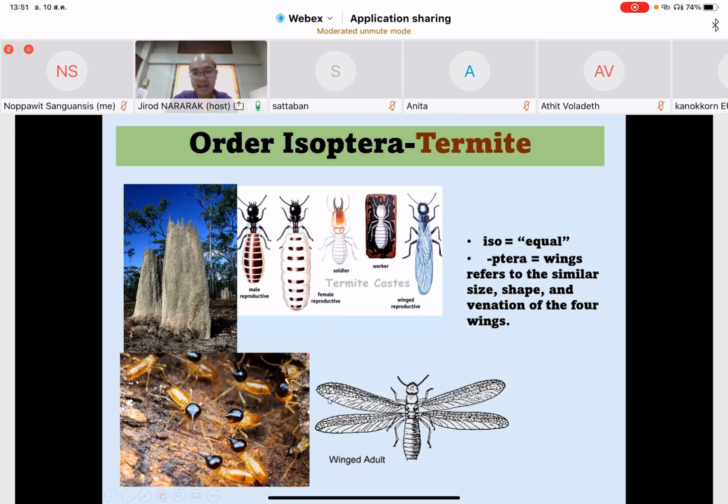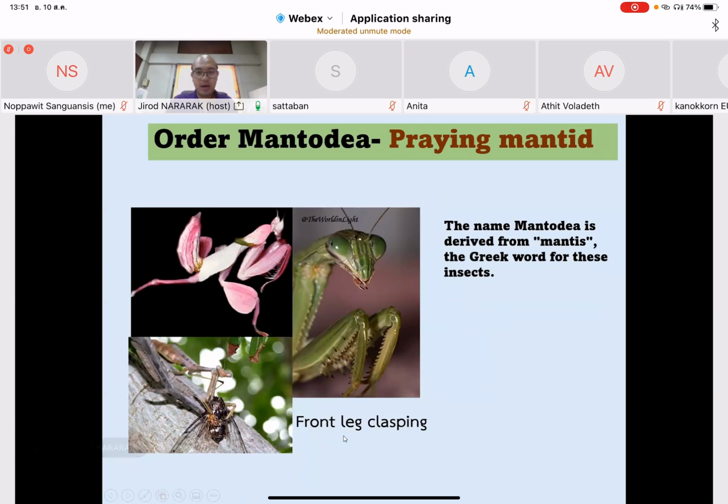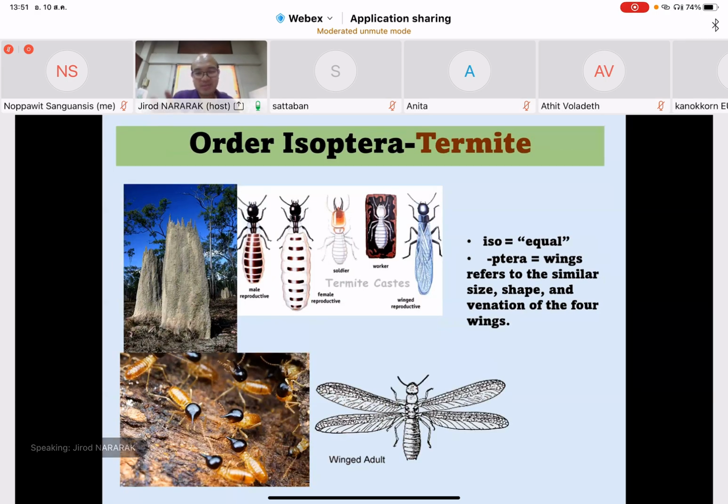All four wings are the same and equal. But actually it's totally different. Termites are usually bigger than thrips. Thrips are very small, very tiny.